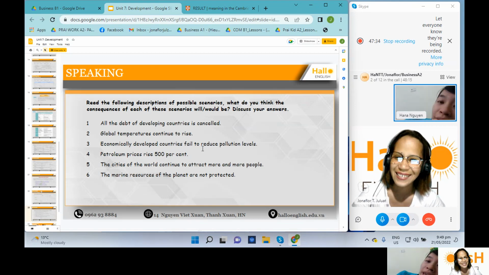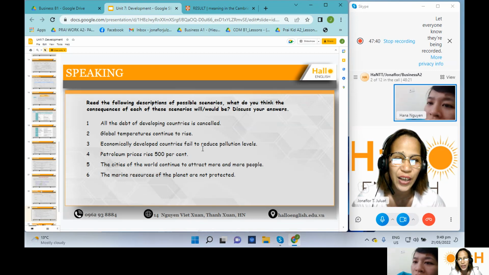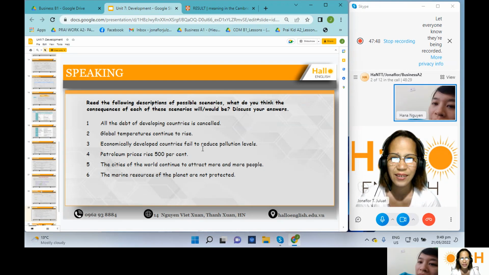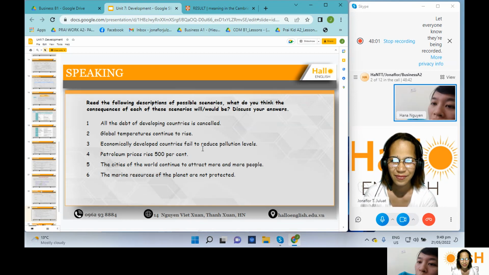Three is the following description of possible scenarios. What do you think the consequences of each of these scenarios would be?